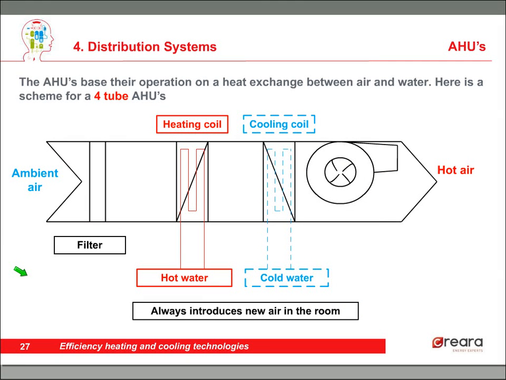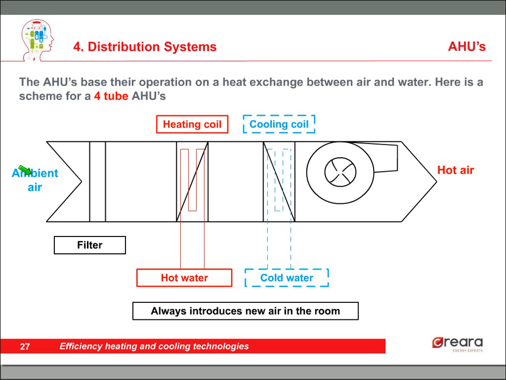Now what we have here is a profile view of an air handling unit. In this case, it is a 4-pipe air handling unit, a 4-pipe AHU. At the left part of the screen is the entrance of the ambient air, the exterior part.